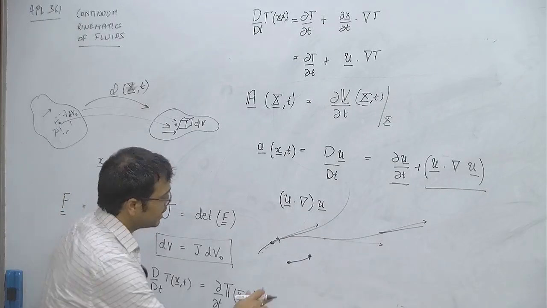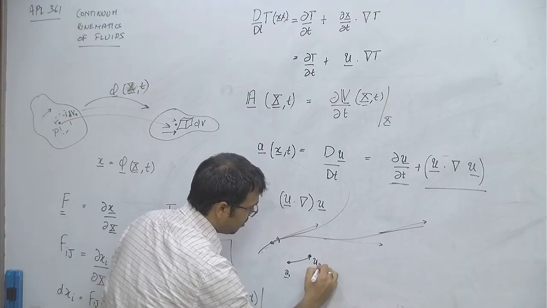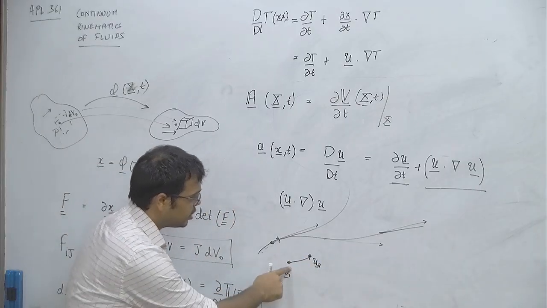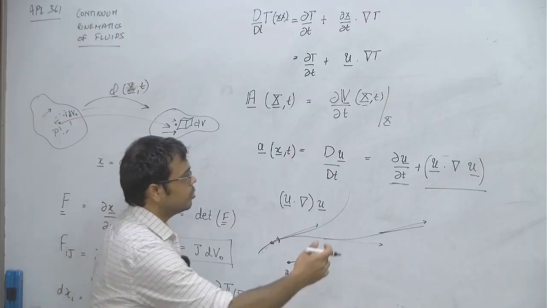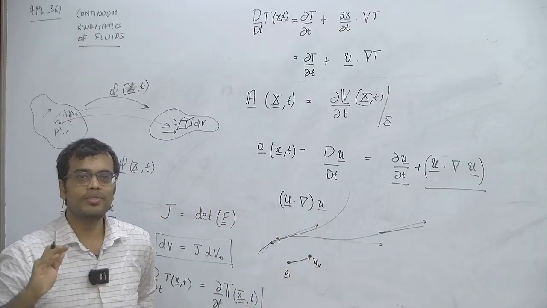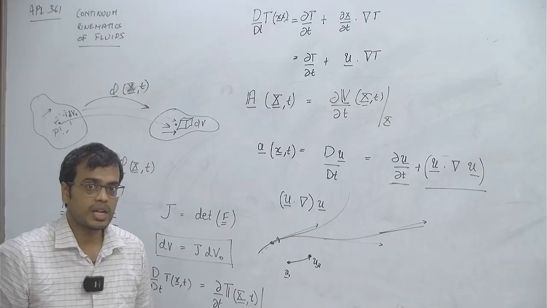You are saying that the velocity of all particles here is, let us say, u1 vector, and the velocity of all particles here is u2 vector. So when the particle moves from this position to this position, its velocity has changed. The change is due to the variation of the field u. So again, this is a field. The velocity is now a field, and it is not something attached to a particle.